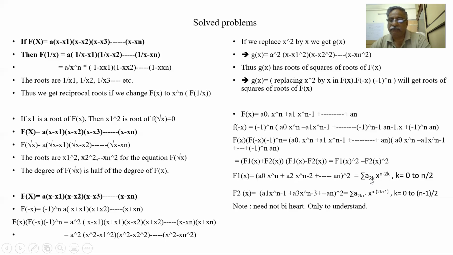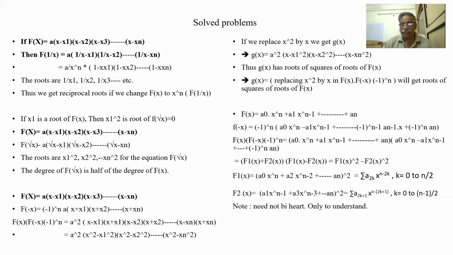This is a general form of f1, this is a general form of f2. This we need not learn by heart, but understand that this can be converted into two forms, a plus b into a minus b. All plus put together, a plus b, which is f1, and all minus put together, a minus b, which is f2. So this way we can transform, we can get the other roots.